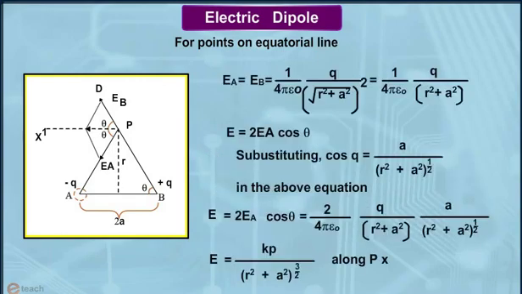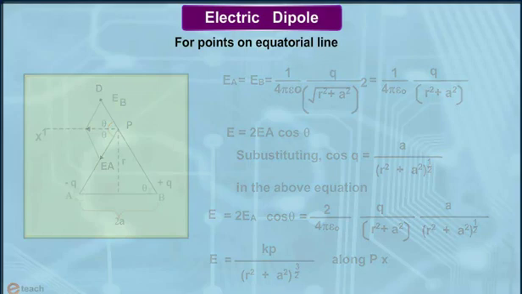Now E_A equals E_B. So E equals 2E_A cos theta. Now substituting the value of cos theta calculated from the diagram, we get the value of E as shown.